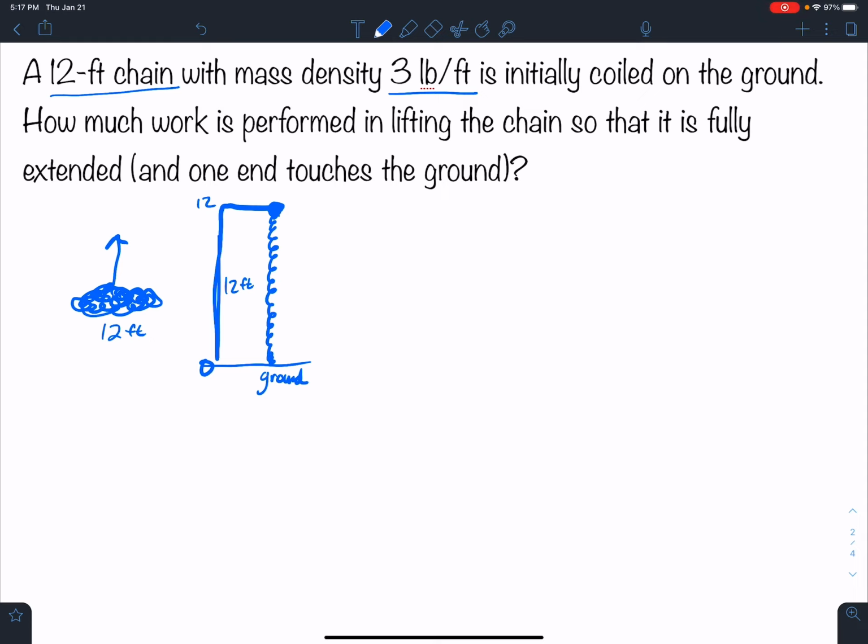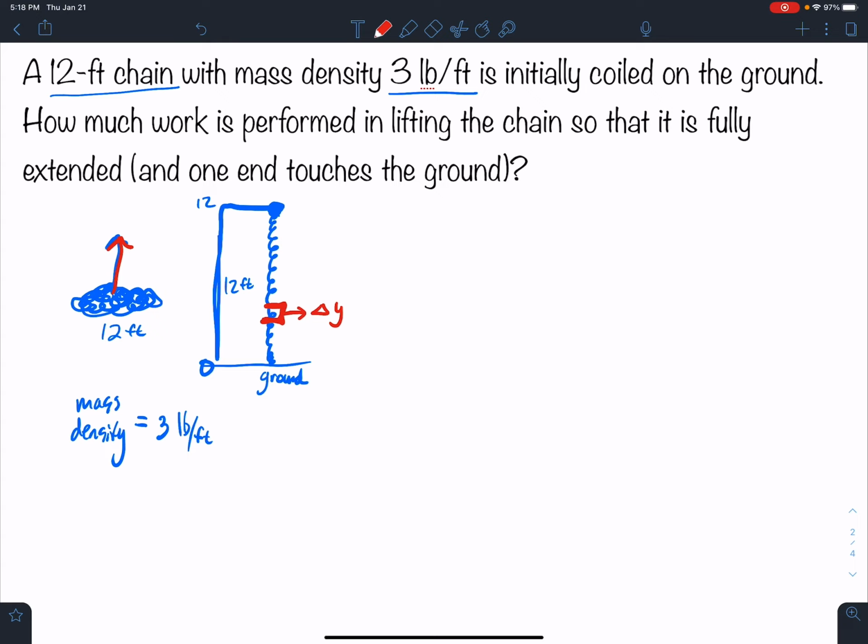So what do I need to do to figure out the weight here? Well, the mass density is equal to 3 pounds per foot. And let's take an arbitrary piece, just some delta y slice here. We're lifting it up, pulling it up off the ground.